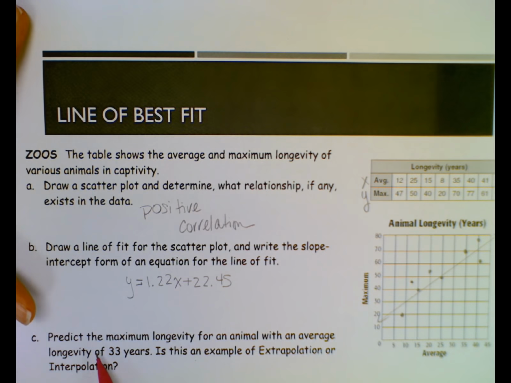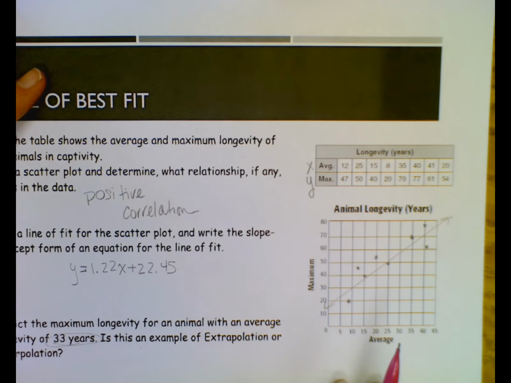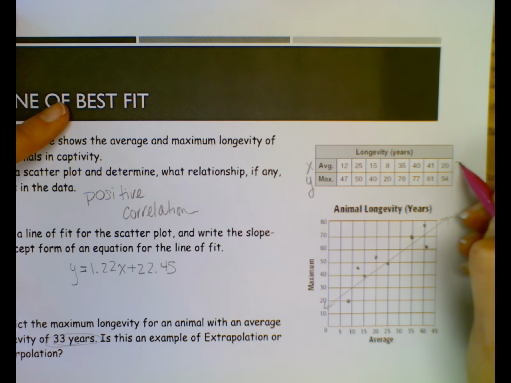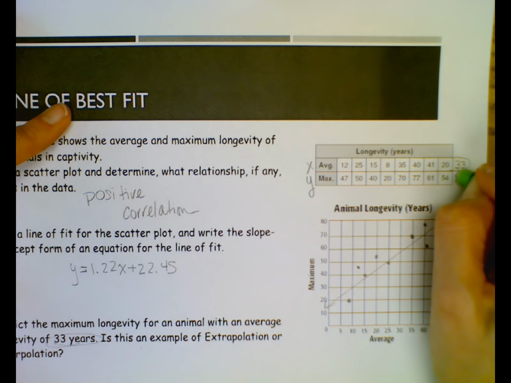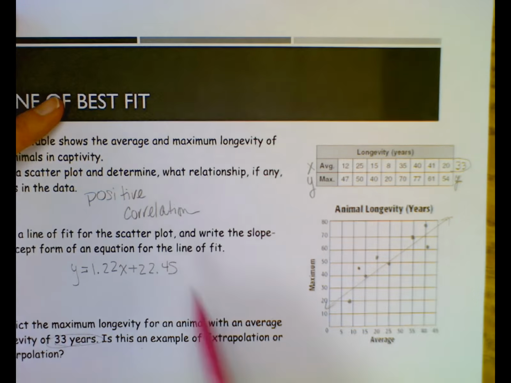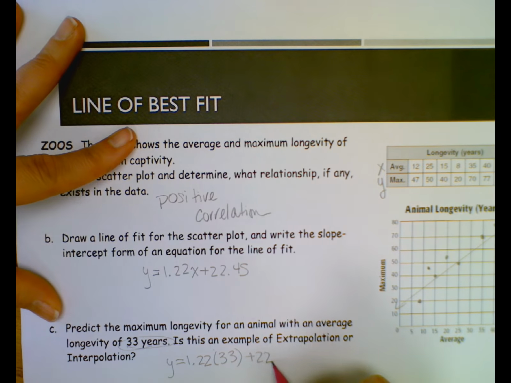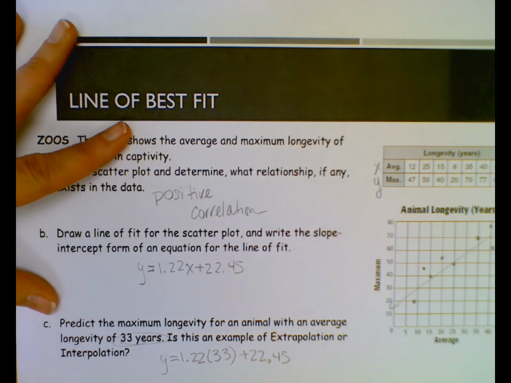Then it says to predict the maximum longevity for an animal with an average longevity of 33 years. Well, if I look at my table, if its average is 33, that would go here, which means I'm given an x value, and I want to find the y value. So since I know the x value, I can plug it in for my x, and I can solve it for y.